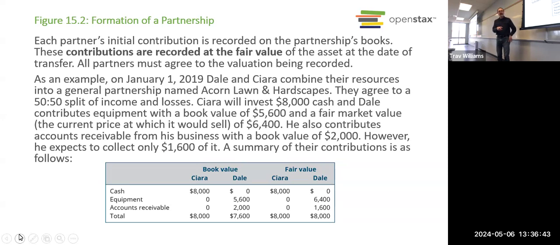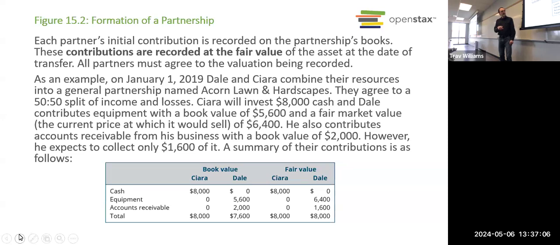He also has accounts receivable of $2,000 that he's expecting to receive from his customers, and he's contributing those to the partnership. So it's no longer going to be his equipment. It will now be the partnership's equipment. And it's no longer his accounts receivable. It now belongs to the partnership.